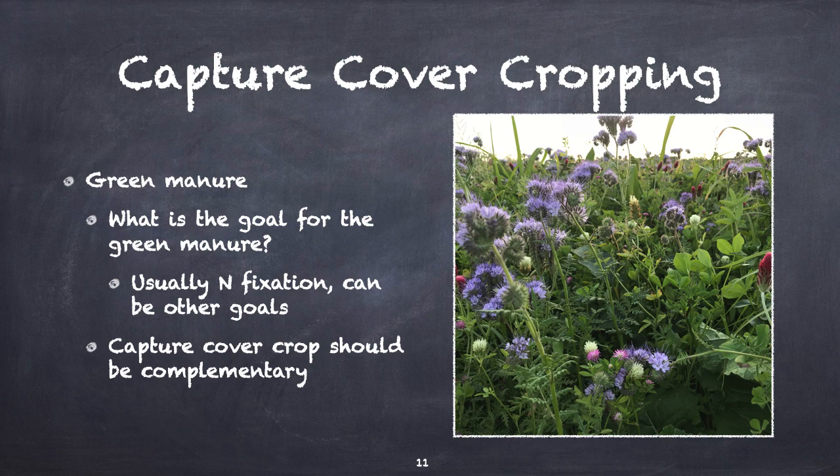When we are looking at this green manure, if it's traditionally a sweet clover, it overwinters and it's plowed down in June or July, and usually it's accompanied with a lot of tillage. What other options do we have?